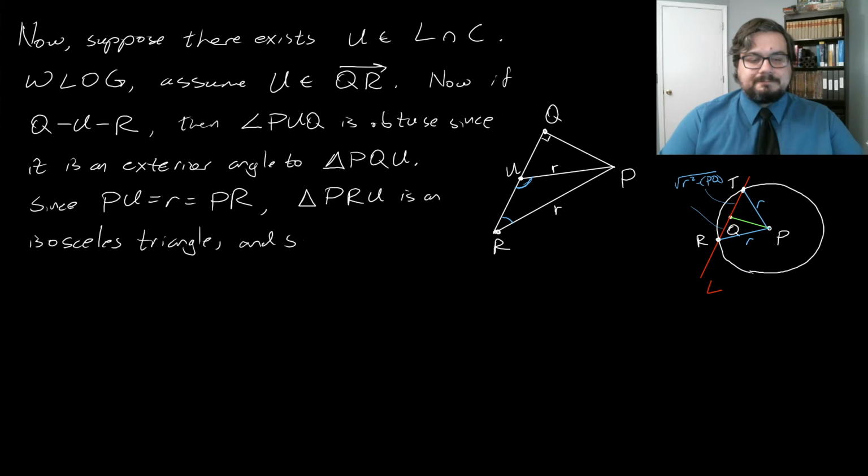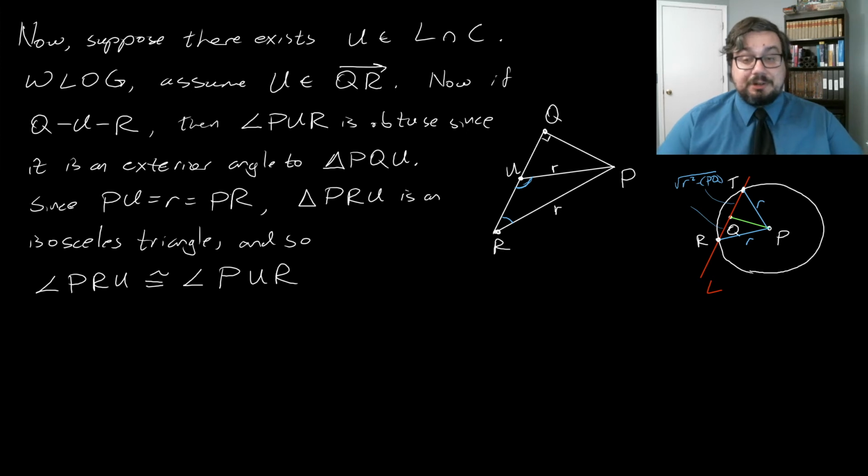And so that means that angle PRU must be congruent to angle PUR. And I realized that I made a typo up above. I wrote that PUQ is obtuse. No, PUR is obtuse, because that's the actual exterior angle to the triangle PQU.